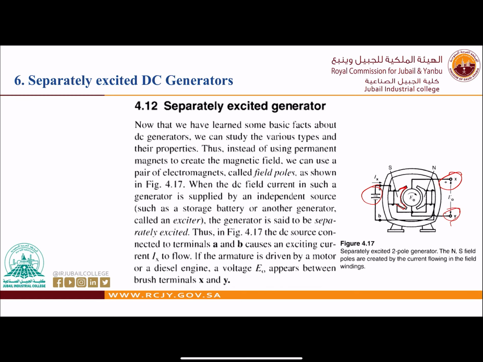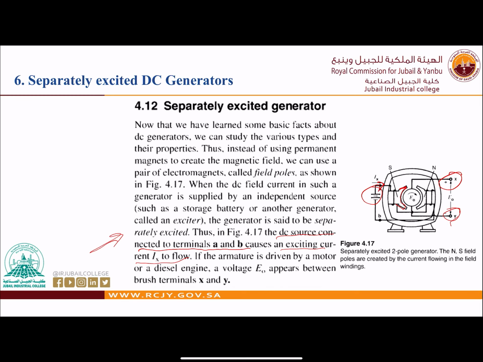And please try to read this to understand. The generator is said to be separately excited, which means that we have a DC source connected to terminals A and B that causes an exciting current to flow. What do I mean by exciting current?